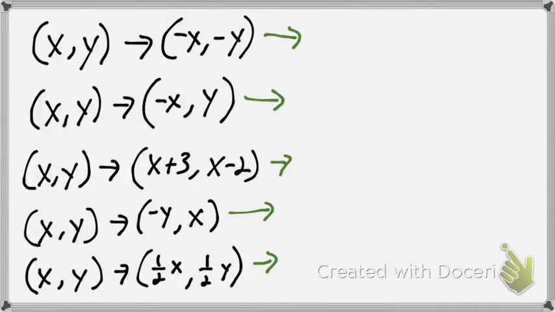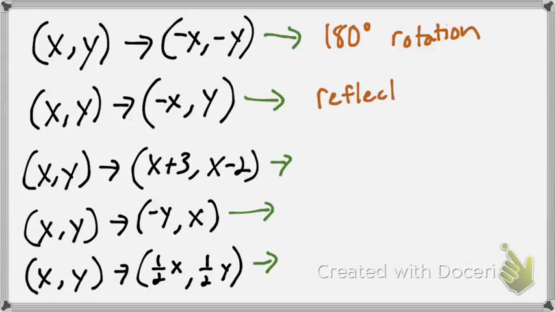For x, y, for both signs to change, that would be a 180-degree rotation. For x and y, with the x becoming negative, that would be a reflection over the y-axis.